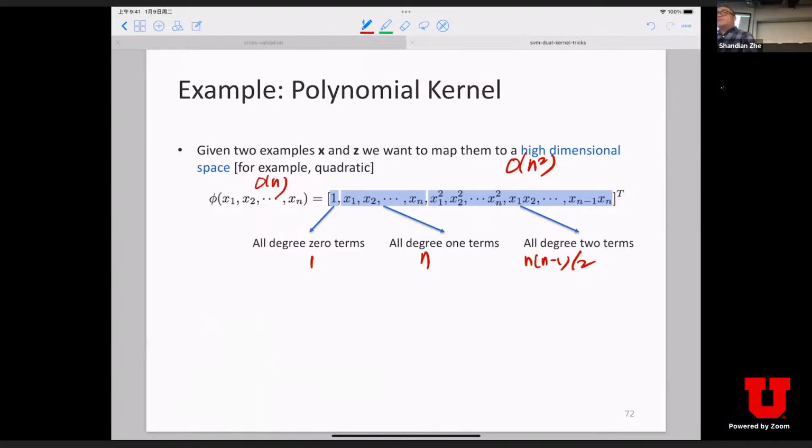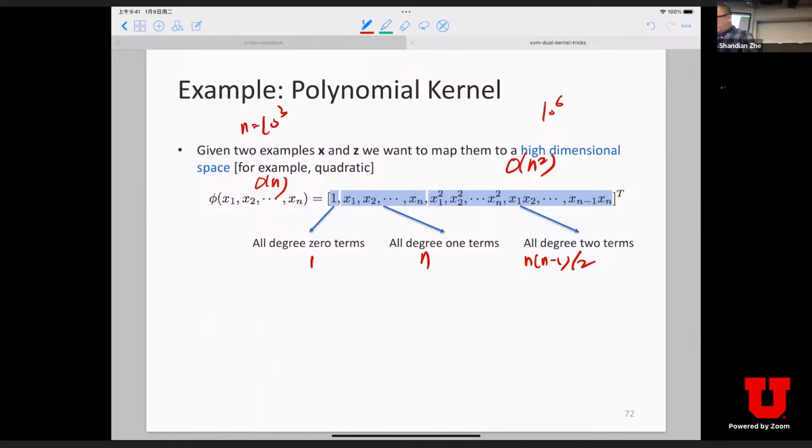So you can see that the feature mapping increases your representation dimension to n squared, right? And this doesn't sound too bad, but consider that if your n is just 1,000, then after feature mapping, you get a 1,000,000 dimensional feature vector, which is very, very lengthy, right?